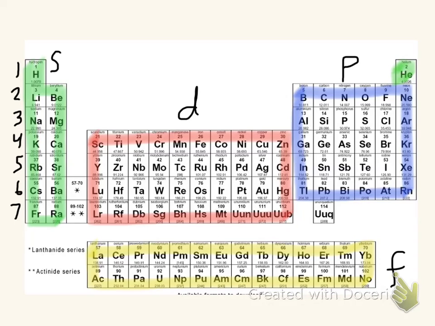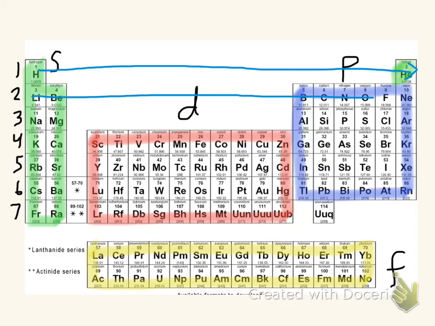So to write the electron configuration of any element, you essentially read the periodic table from left to right, just like you would read a book, like this. We read straight across from left to right, and then when we finish with one row, we jump down to the next row and read it across from left to right.